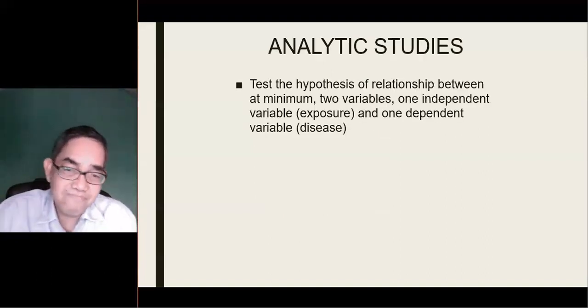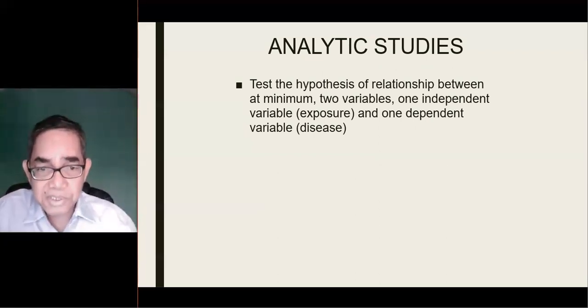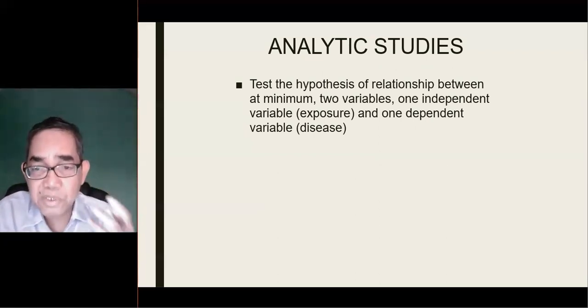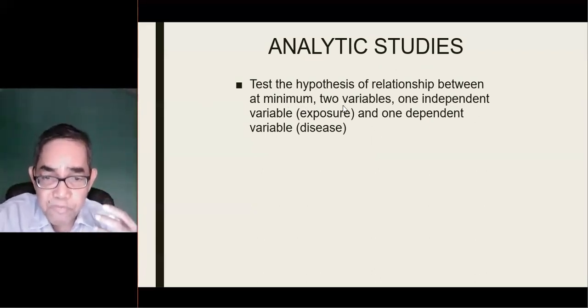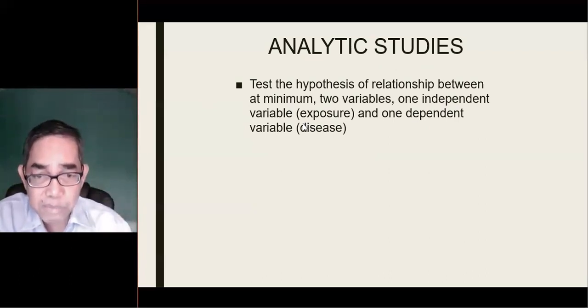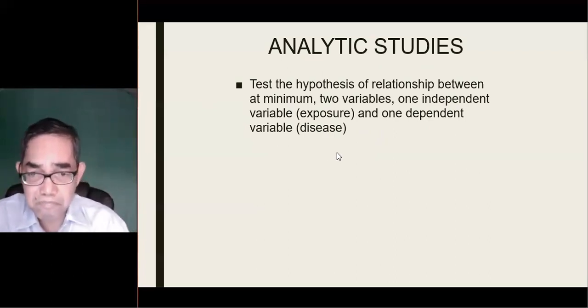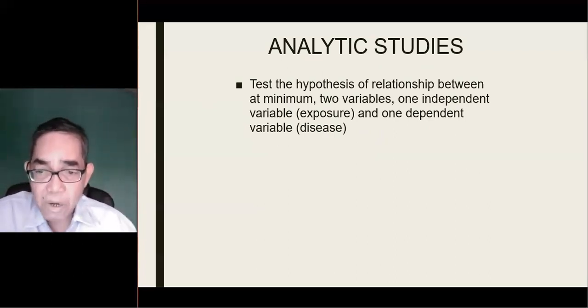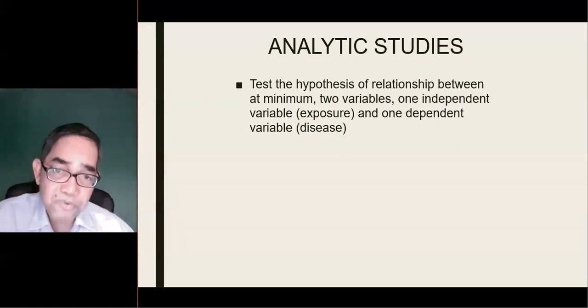Okay, so again, analytic studies test the hypothesis of relationship between at minimum two variables, one independent, we also call it the exposure, and one dependent variable, we also call it the disease. So more often than not, when we talk of a dependent variable, we are talking of the disease.